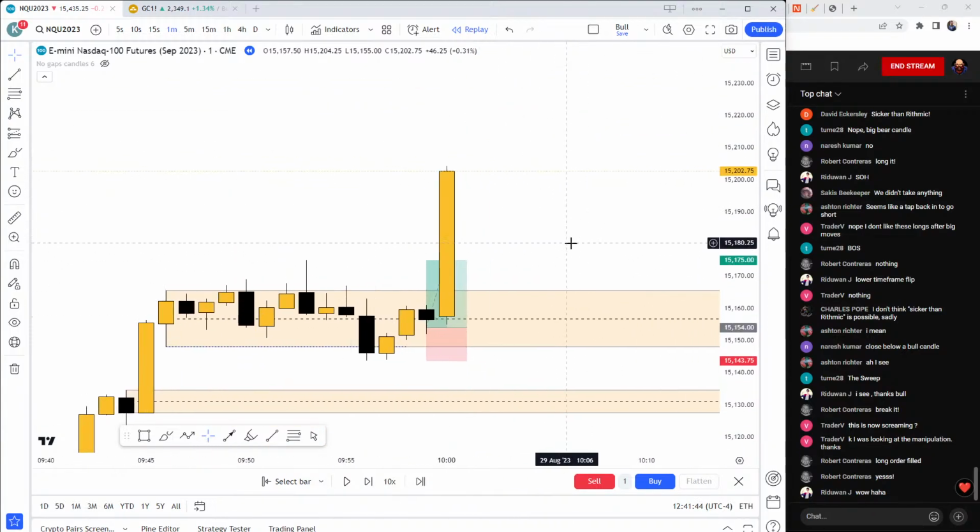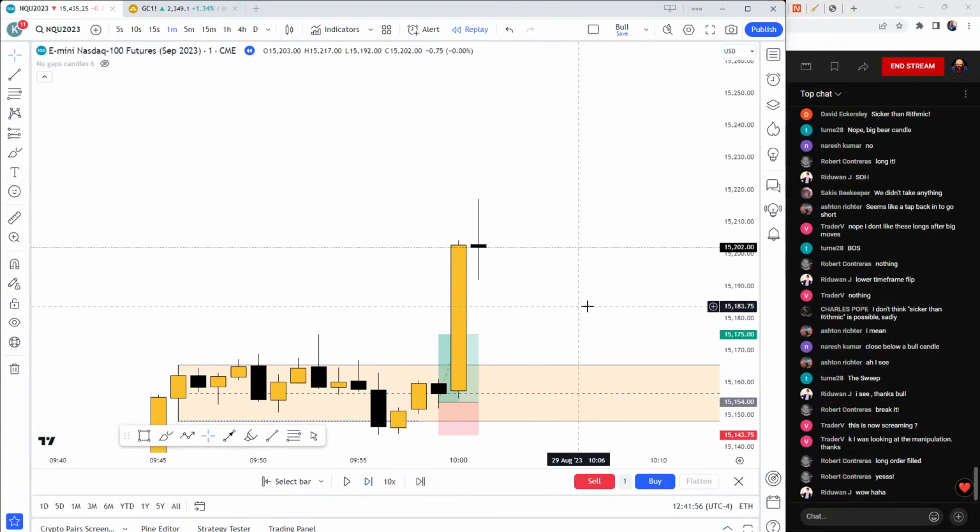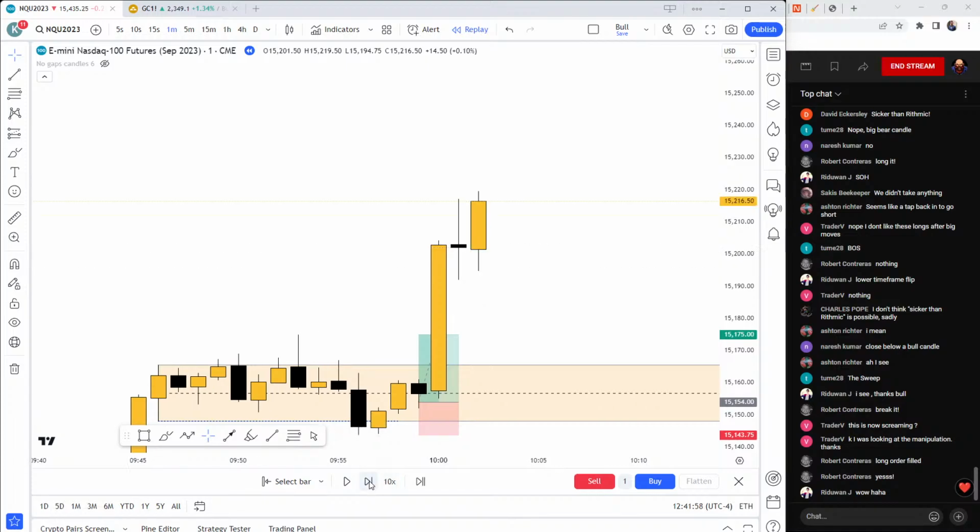Now, this obviously doesn't happen all the time, does it? So let's see what we get. We could tap back into this range. We'll see. We're certainly sweeping the top.